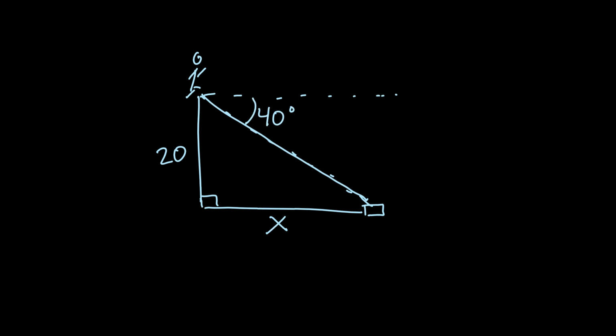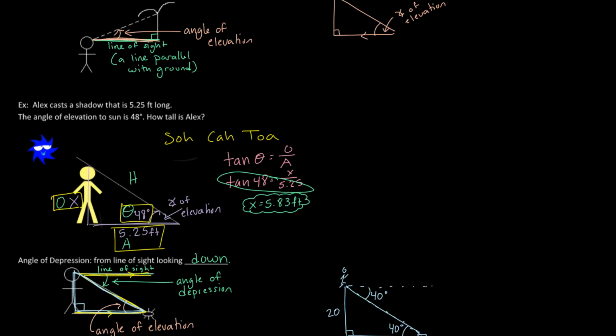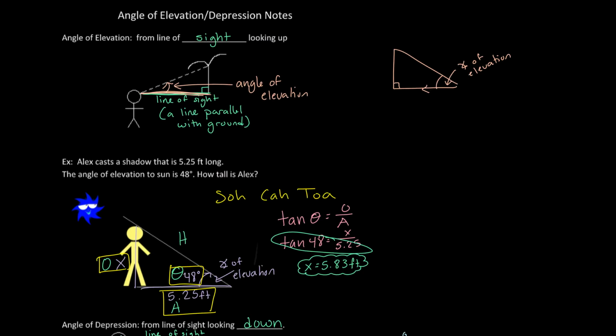Can I immediately solve for this? Technically, no. But you have to put that 40 as what? Angle of elevation. So what other angle is 40? Which is where? Right there. Now I can solve using trig. Does that make sense? More sense than it did before? Okay. Any more questions on angle of elevation or angle of depression?